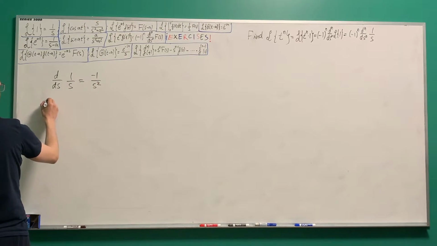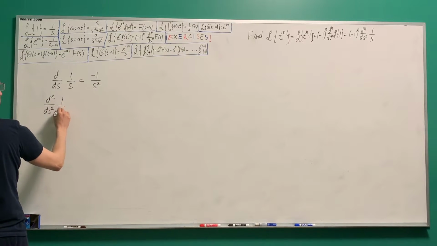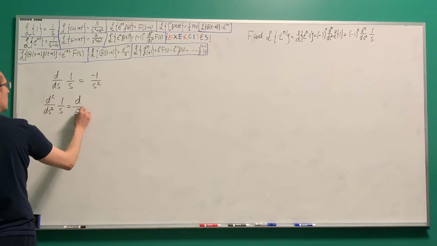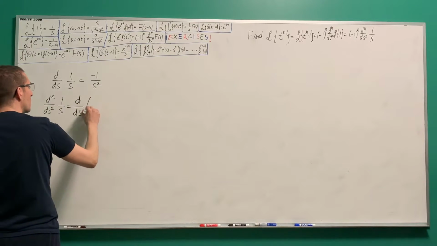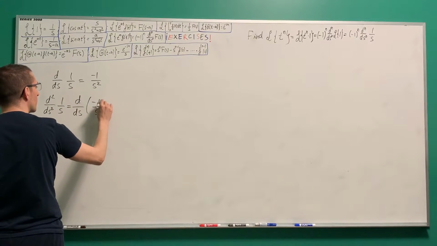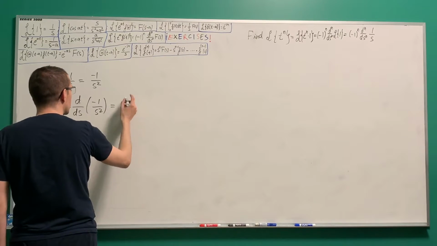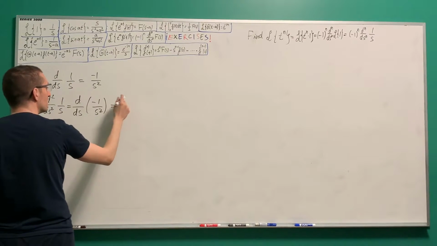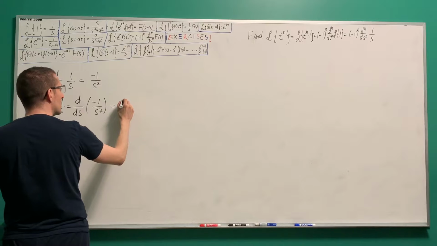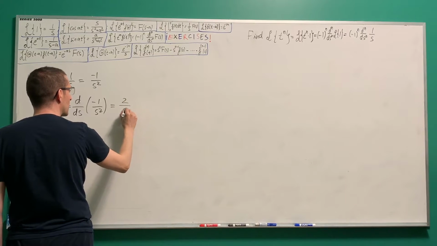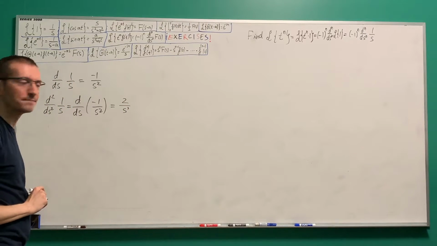All right, nice. The second derivative, d squared over ds squared of 1 over s, is d/ds of minus 1 over s squared, right? And that is minus 2, and minus times minus is plus, so it's 2 divided by s cubed, right?